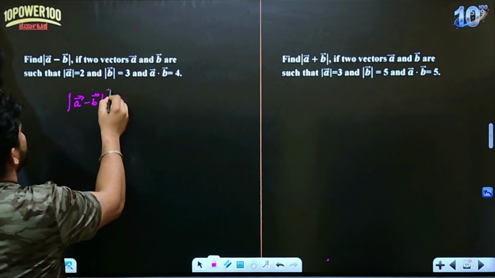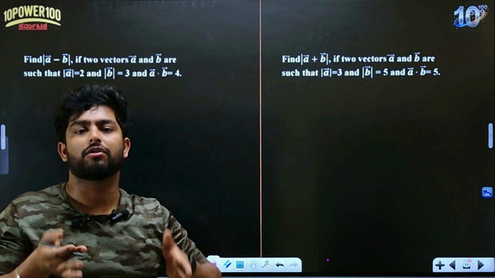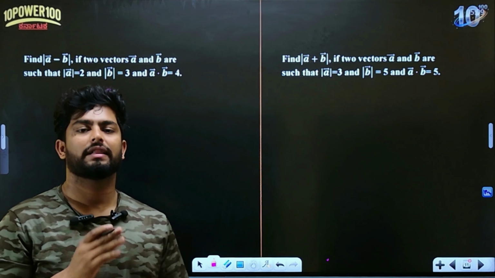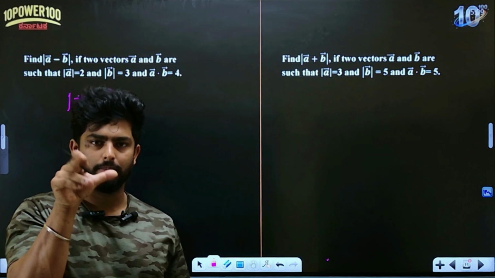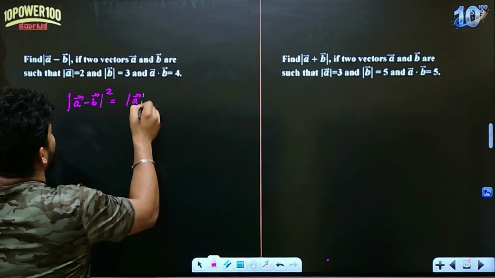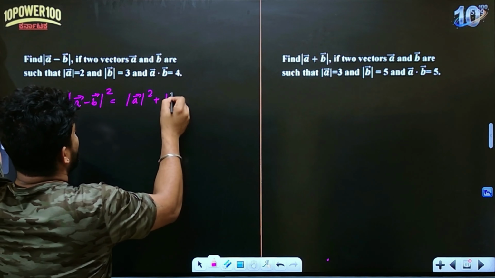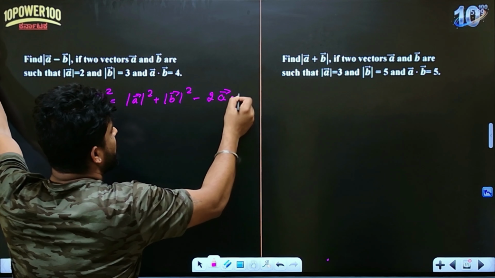So take the whole square. Whenever we take a square, we put magnitude, children. Remember, in the dot product, whenever we get a square, put magnitude. So magnitude of vector a square plus magnitude of vector b square minus 2a dot b.